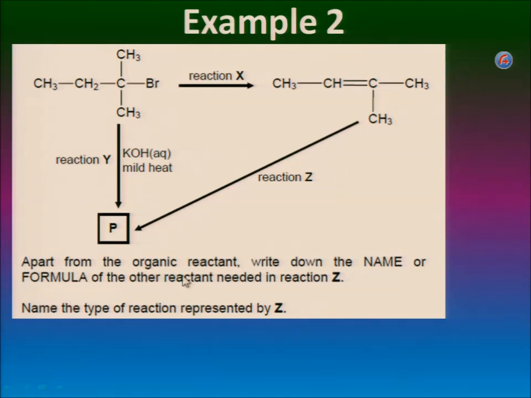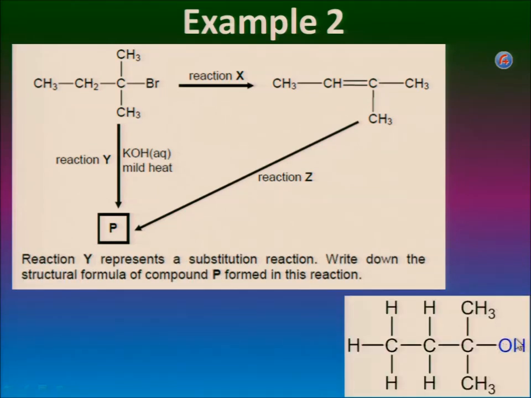Apart from the organic reactant, write down the name or formula of the other reactant needed in reaction Z. Now you need to know what P looks like to know what is happening to this alkene to form P. P is an alcohol.